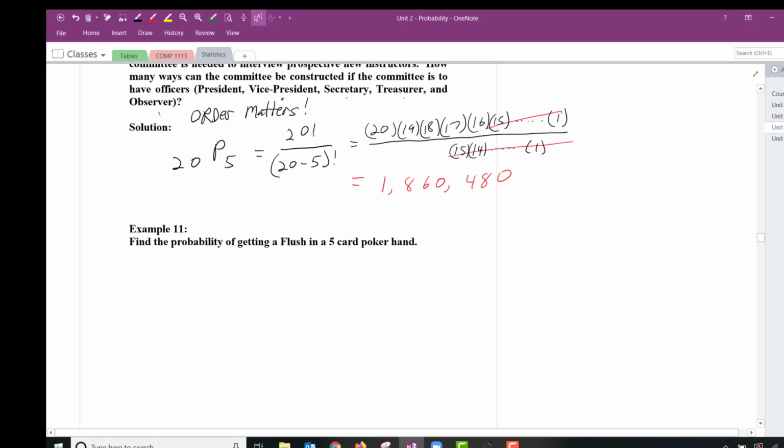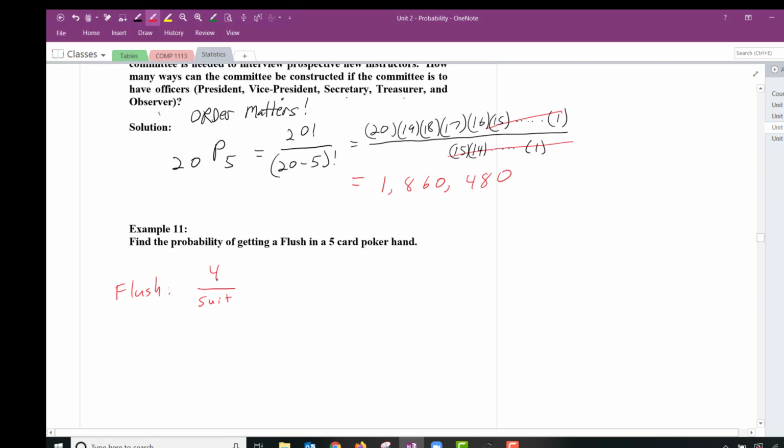So counting the number of flushes will take a little bit of strategy. I need to think of it like this: I choose a suit for my flush, and then I choose 5 cards from that suit. That's the strategy. So to make a flush, first pick the suit, and there are 4 different suits.